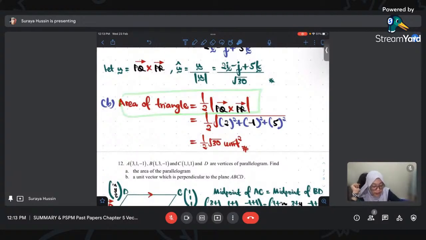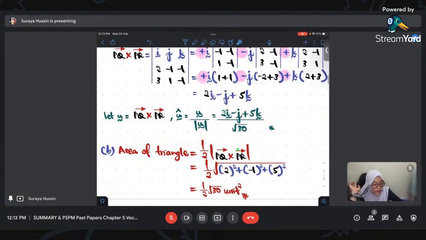The formula must have 1/2 times its magnitude. So the answer is 1/2 times square root of 30 unit squared. That is the area of triangle. Very easy to find. Yang penting sebenarnya the cross vector over here. Kalau kamu tak pandai cari cross vector ni, memang tak boleh jawab yang lain lah.